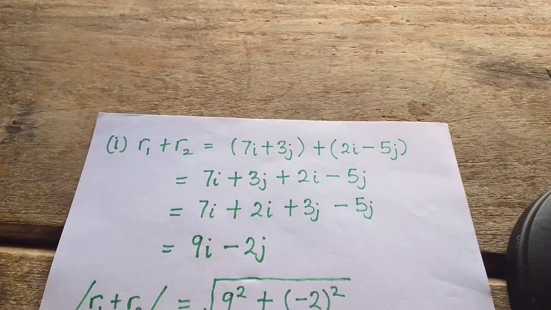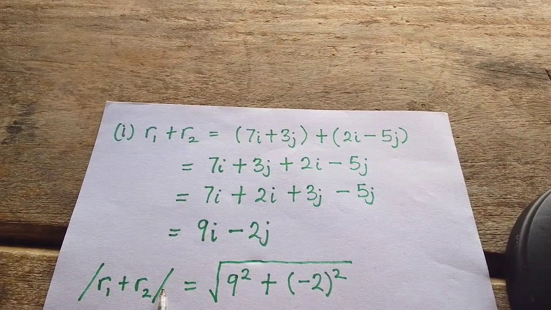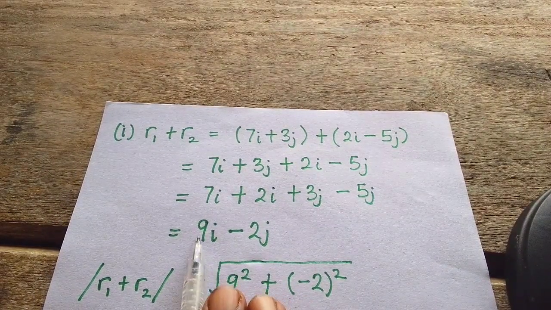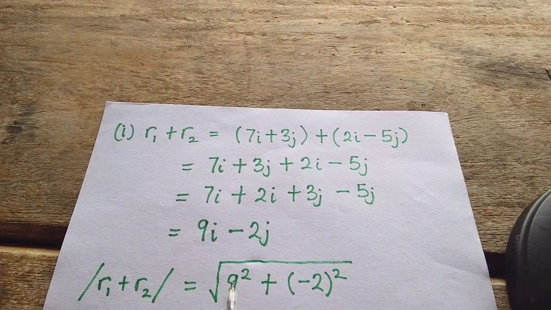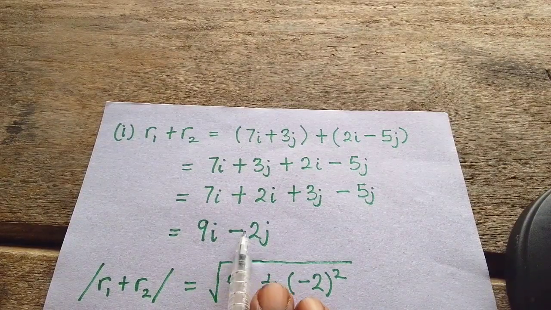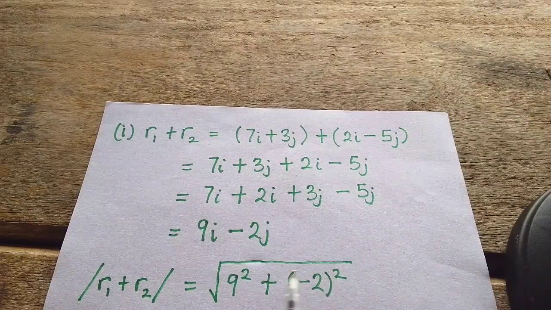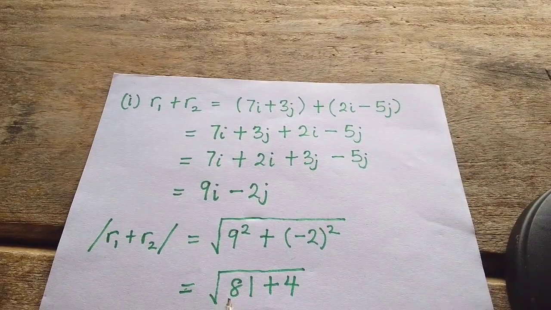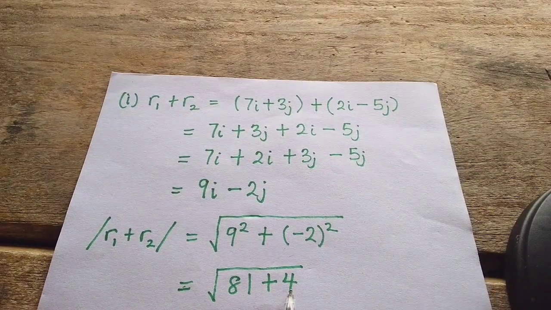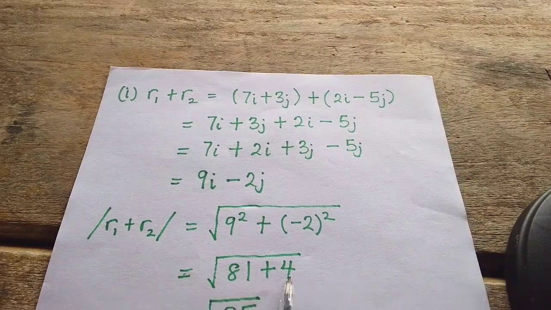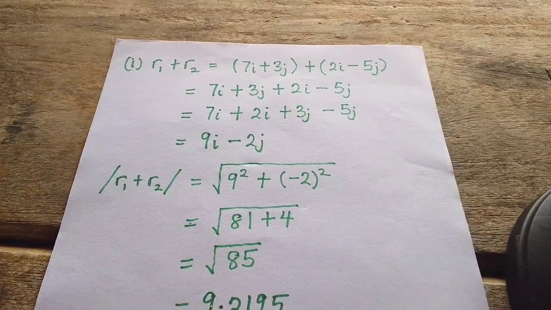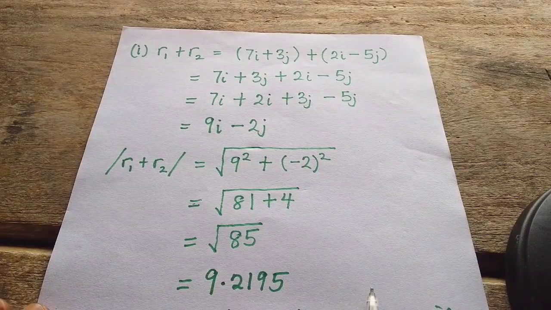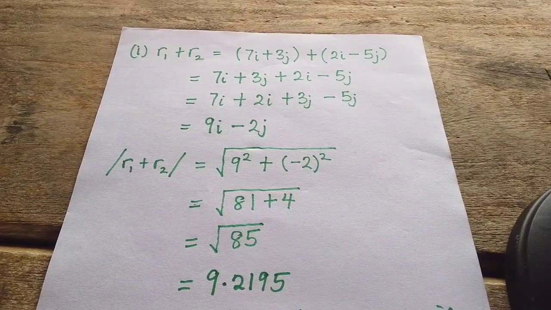So the modulus of r1 plus r2 will give us the square root of the x component squared and the y component squared. The x component is 9 squared plus the y component is minus 2 squared. 9 squared will give us 81, minus 2 squared is 4. 81 plus 4 will give us 85. You will now find the square root, which is 9.2195.